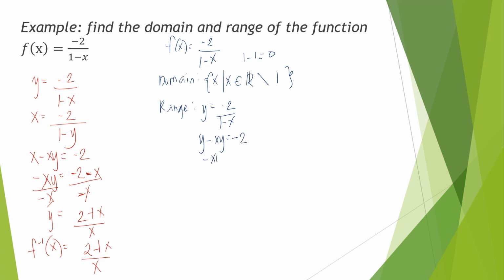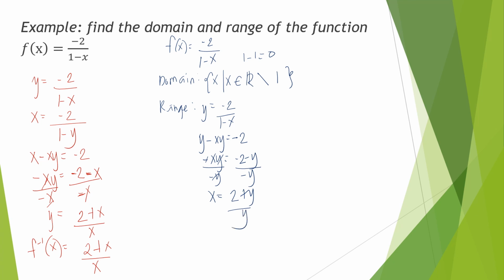So, negative xy is equal to negative 2 minus y. Then, divide both sides by negative y so that positive x is left. So, cancel the negative and y. So, x is equal to negative 2 divided by negative y, negative divided by negative is positive, all over y.